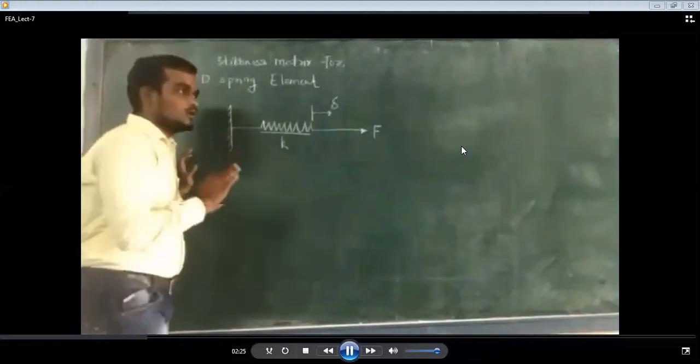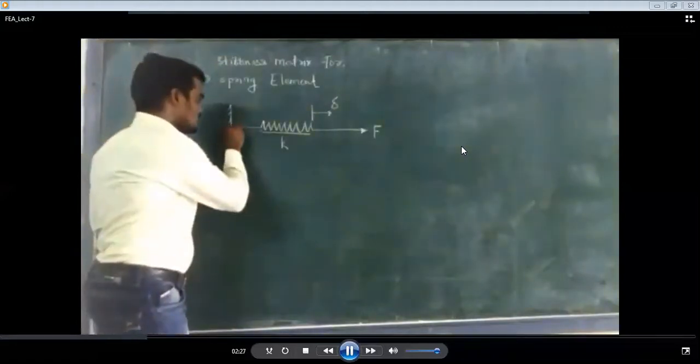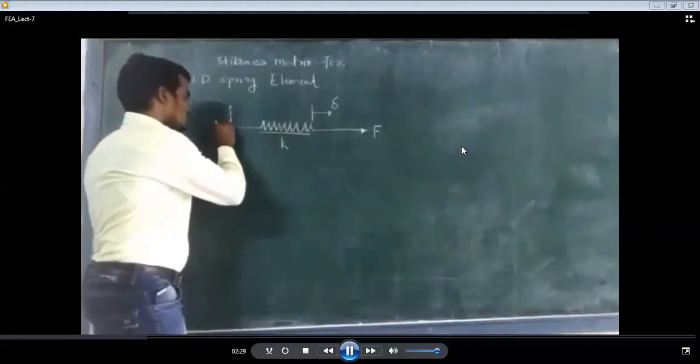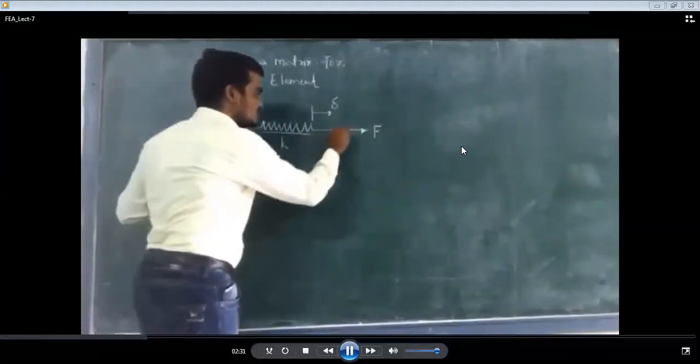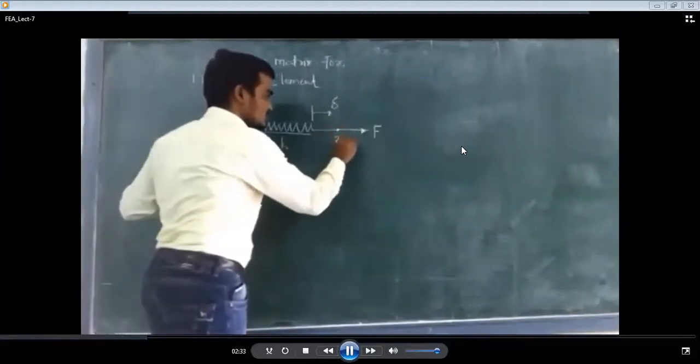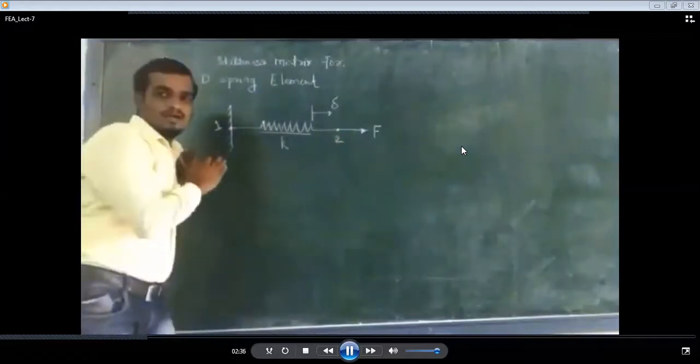See, these are the steps. There are two nodes. The first one is at a fixed position, and the second one is at this position. The force F is acting.